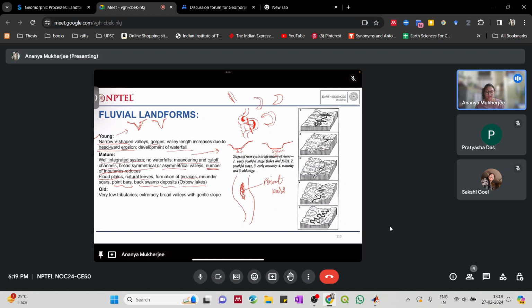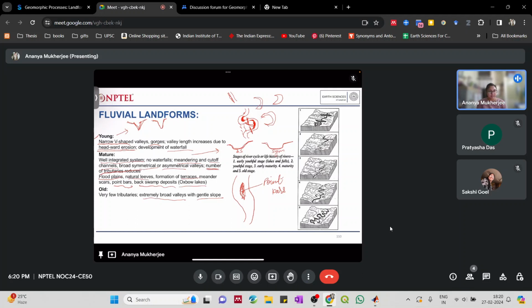If we only consider any erosional landforms that might be forming, it would be extremely broad valleys with gentle slopes. These can mostly occur if there is a change in the slope of the area or the elevation of that area.